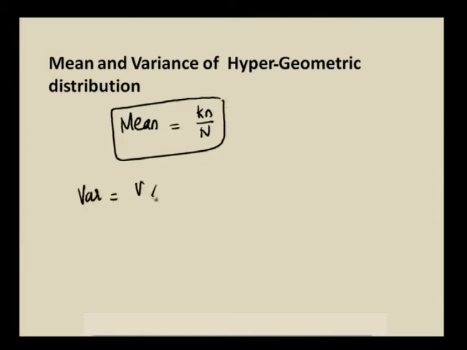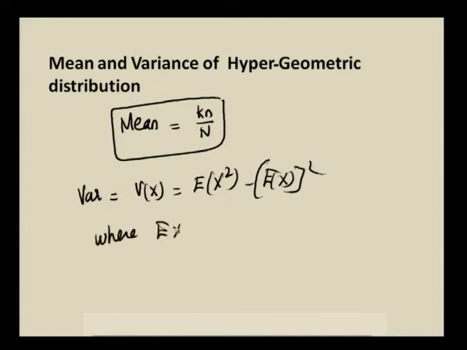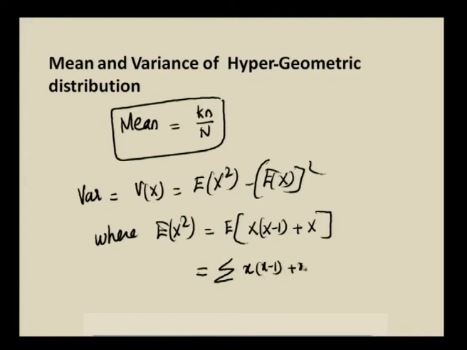Variance is V of x equal to expectation of x square minus expectation of x the whole square. Expectation of x we have just found, that is k small n by capital N, where we have to find out expectation of x square, and this can be written as expectation of x into (x minus 1) plus x, right. According to the expectation formula, this is summation of (x into (x minus 1) plus x) into P of x.